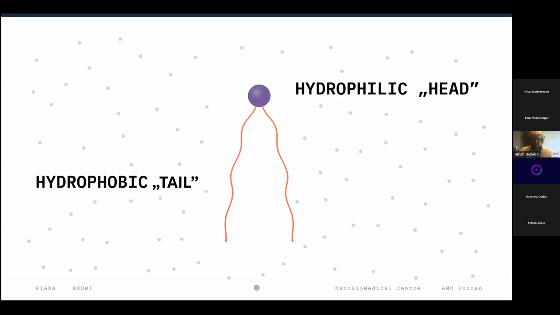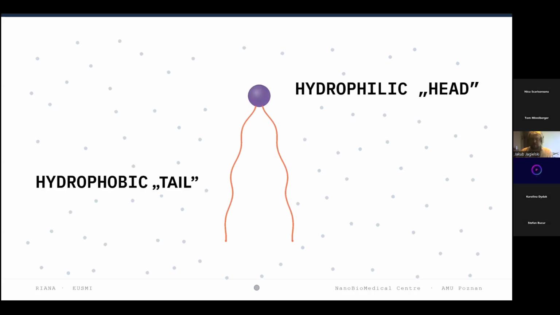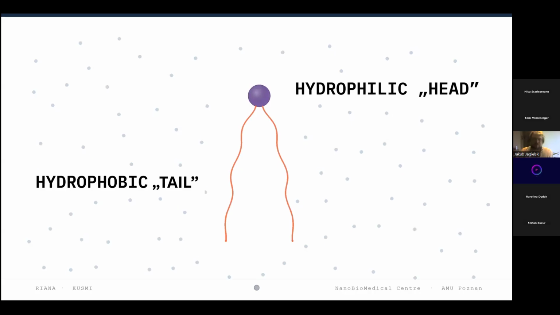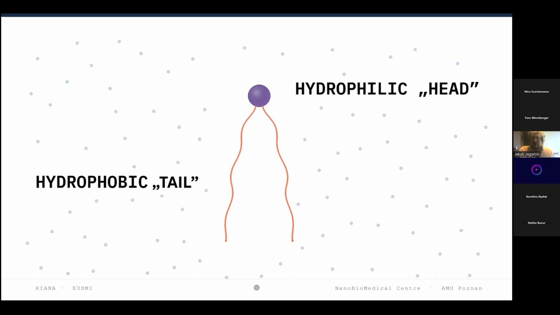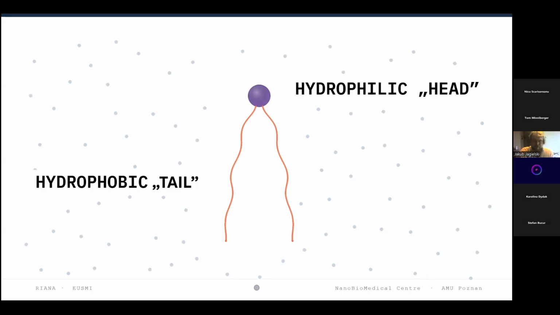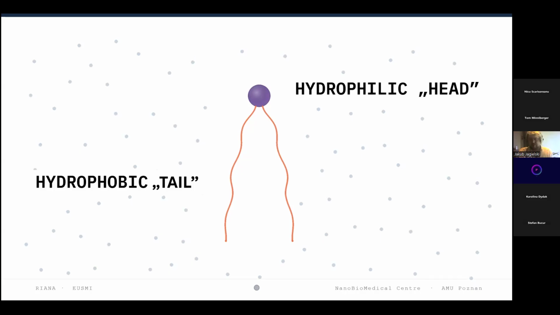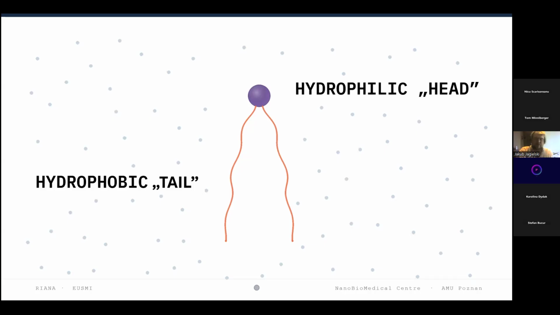This amphiphilic character creates a fundamental thermodynamic tension. The head group is solvated by water, while the tail disrupts the hydrogen bonding network of the surrounding solvent, increasing the system's free energy. This interaction provides the driving force for self-assembly. The molecules spontaneously organize to minimize the contact between hydrocarbon chains and water.